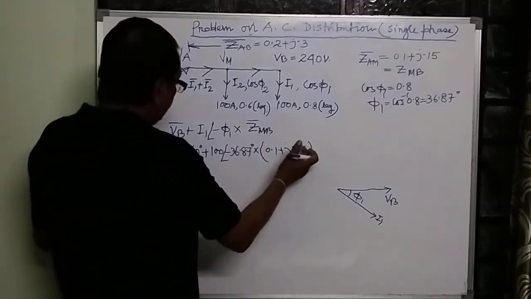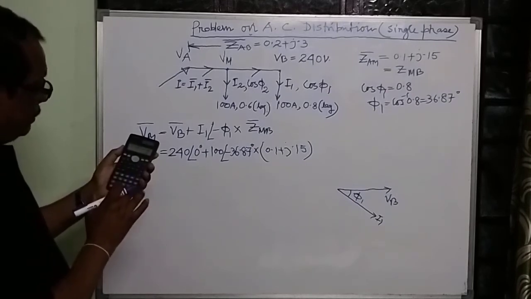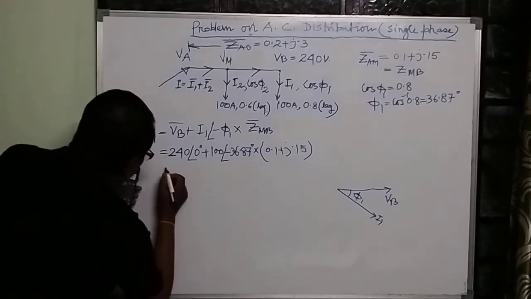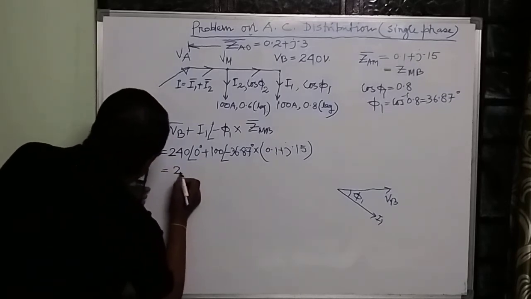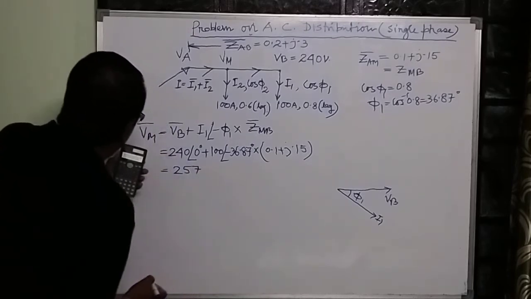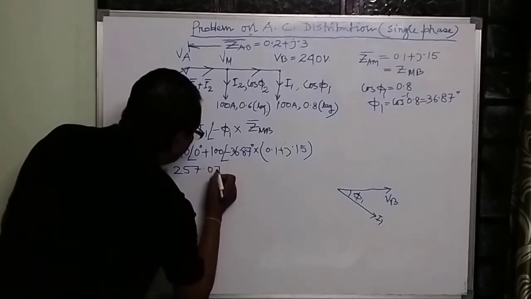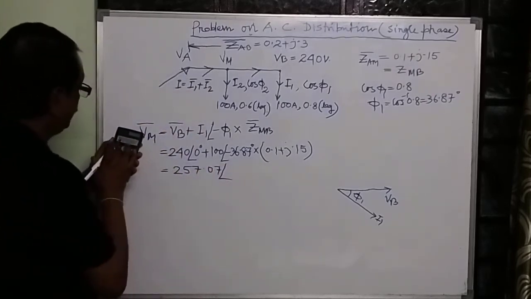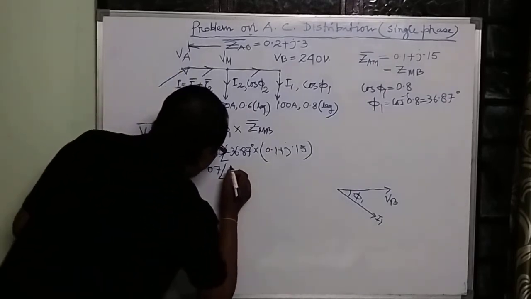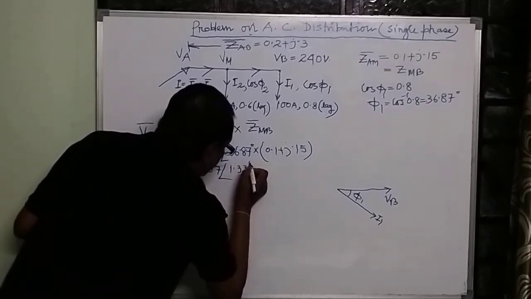If this result is shifted to polar system, this will be 257.07 with shift angle 1.33 degree.